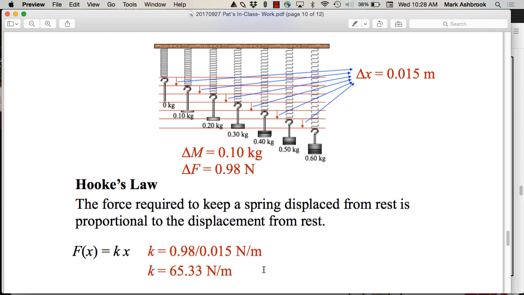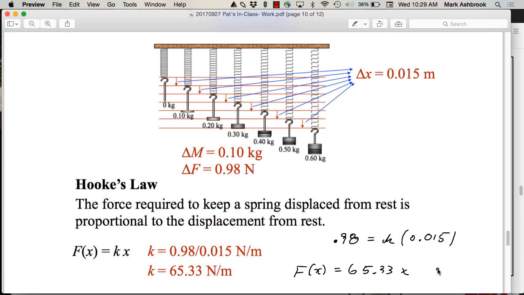So knowing that 0.98 is equal to k times 0.015, that means the constant for this spring is 65.33 newtons per meter, and you could always say that the force required to hold it stretched by x meters would be 65.33 times x.